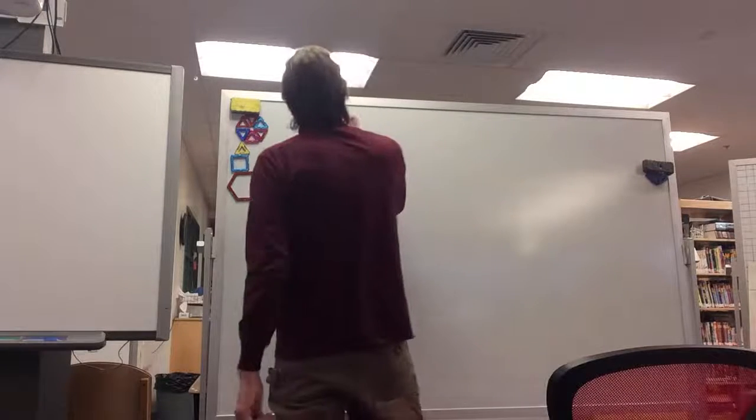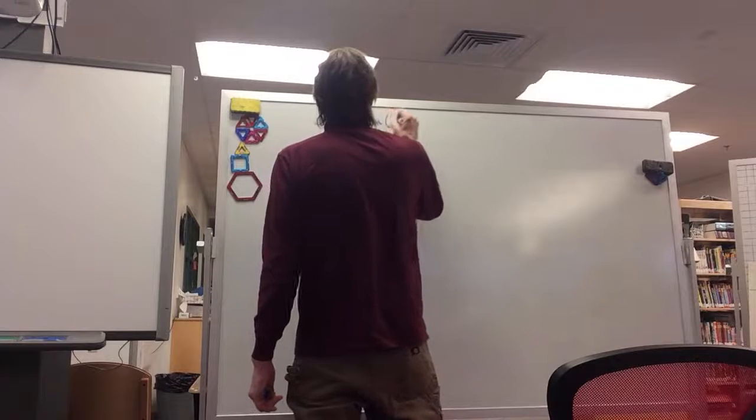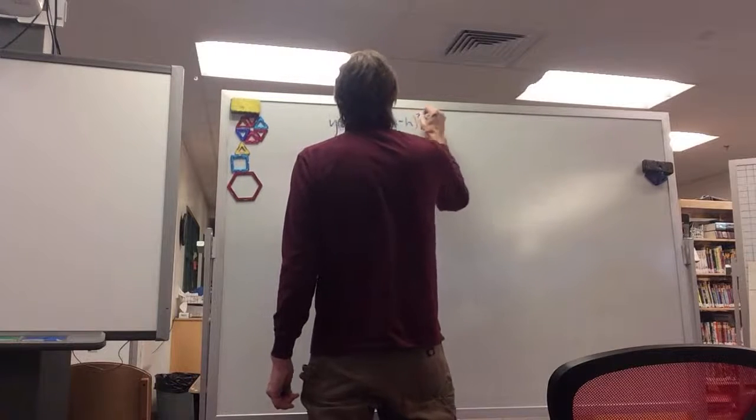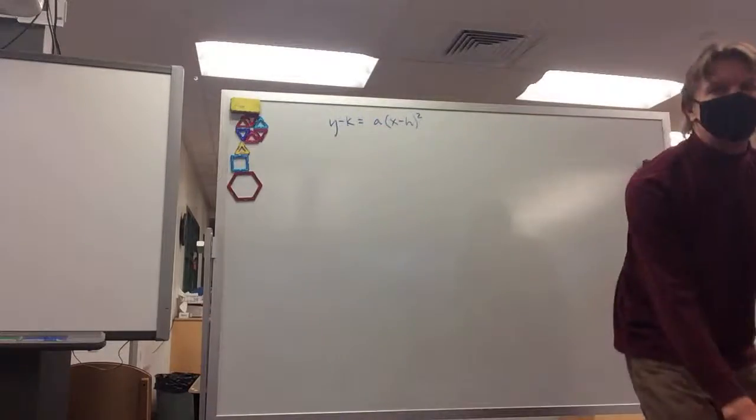So we had a vertex form. We need that for vertex form, right? Gosh, what else do we?